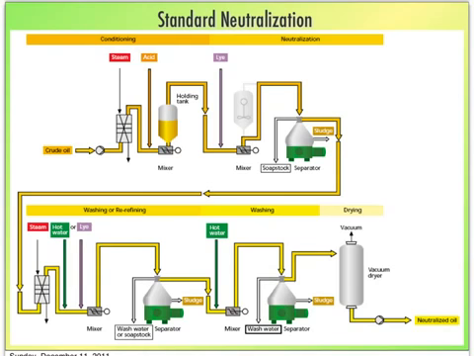This diagram shows a general outline of standard neutralization in alkali refining, but the actual process will depend on the type of oil and the amount of gums or free fatty acid in the oil. For example, some oil may require some conditioning. So basically, depending on the amount of the gums and free fatty acid, it may require some pre-degumming step.